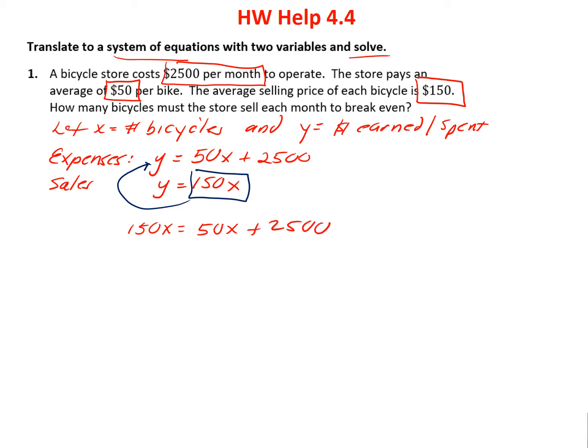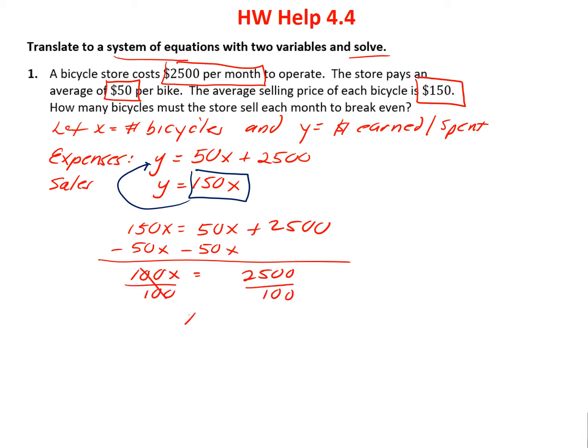Let's get all the x's on the left side by subtracting 50x from this side and this side. So we end up with 100x equals 2,500. Undo the multiply by 100 by dividing by 100. That goes away, and we have x equals 25.